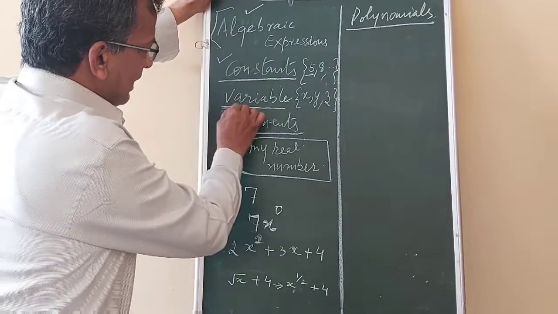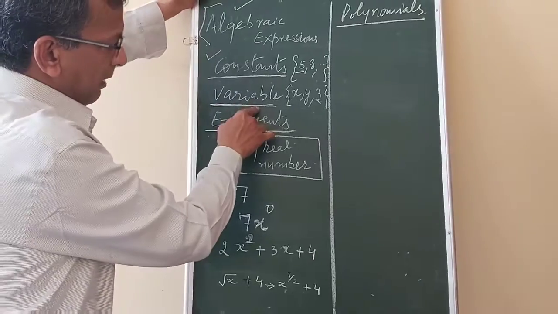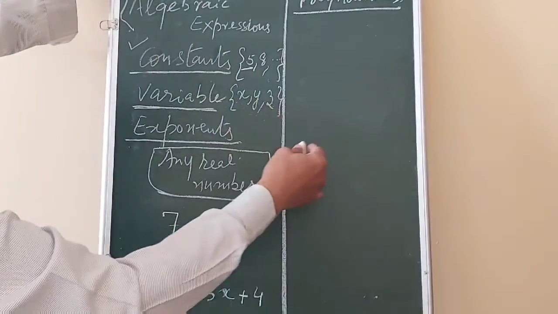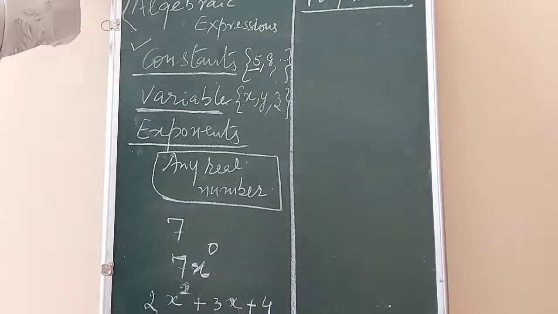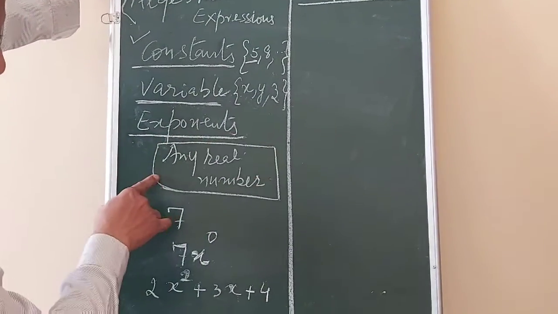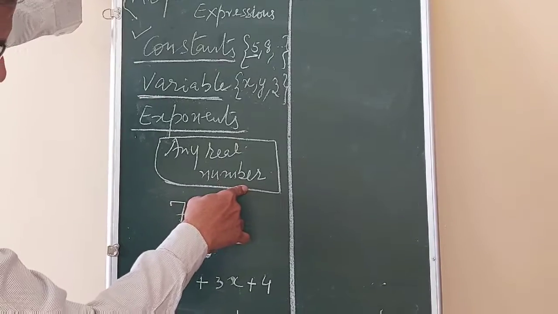The other term we use is variables, say x, y, z, or any alphabet of English. The third one is exponents, any real number, right?